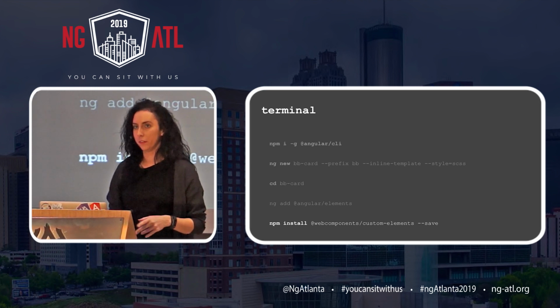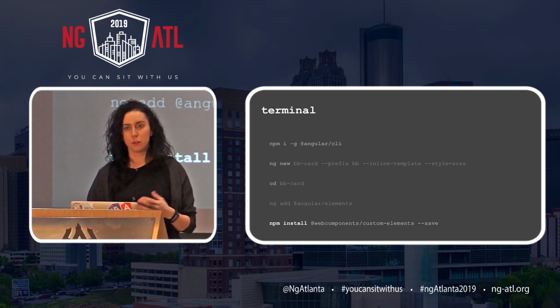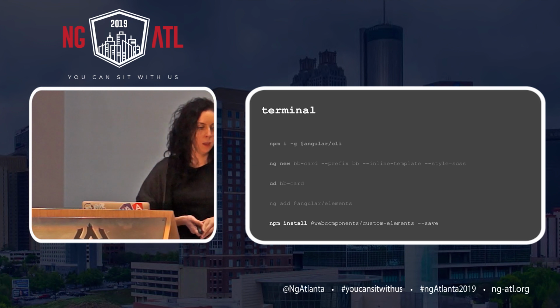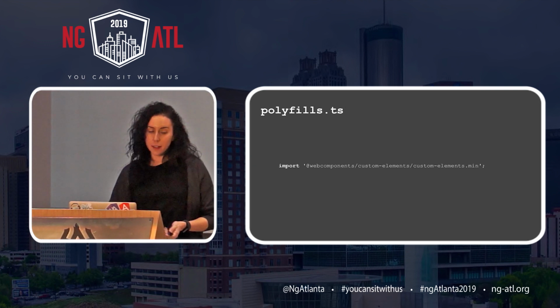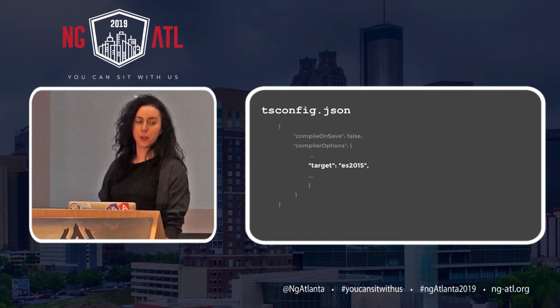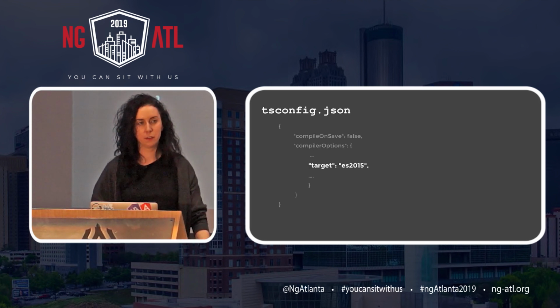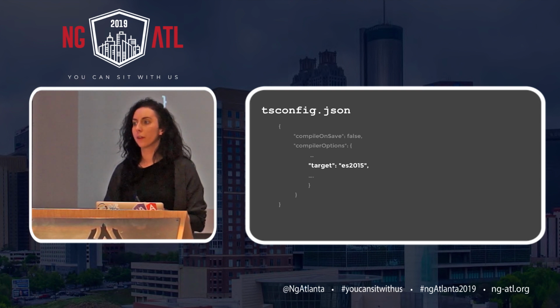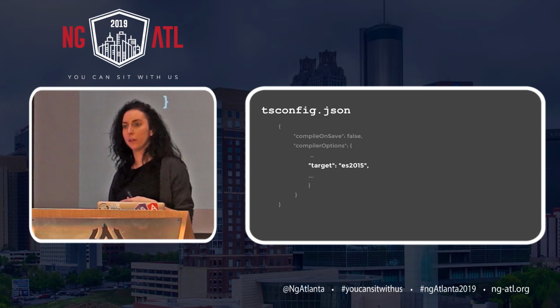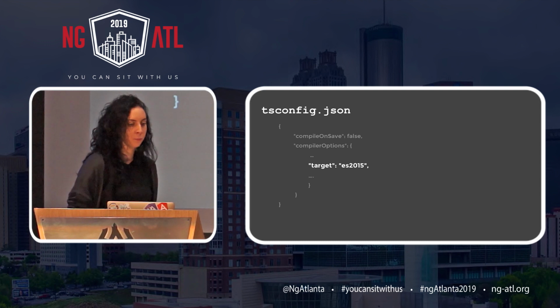I'll talk about polyfills in just a bit, because most browsers don't even need them anymore. Then we import our polyfills into our polyfills.ts. And last but not least, we go to our tsconfig.json file, and we change our target to ES2015, because this is what the browser requires to be able to read web components.